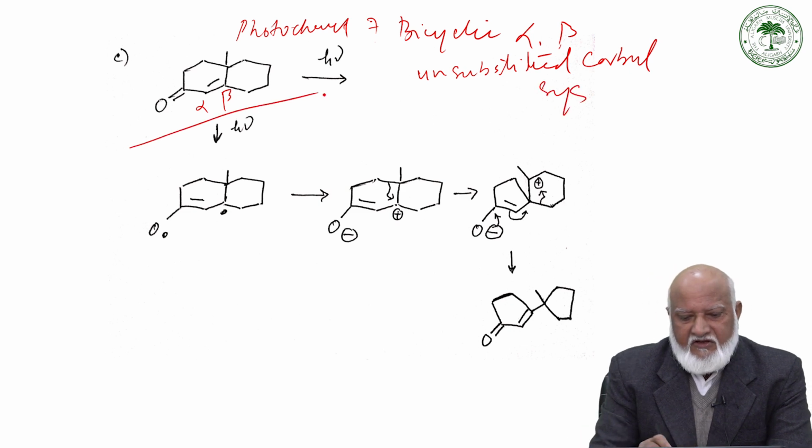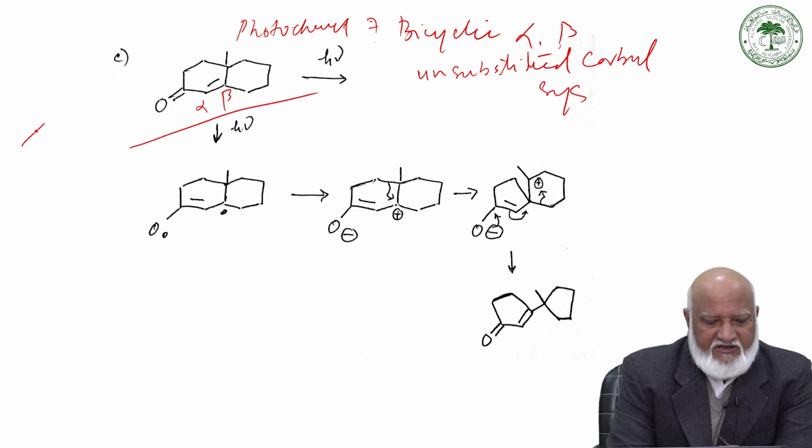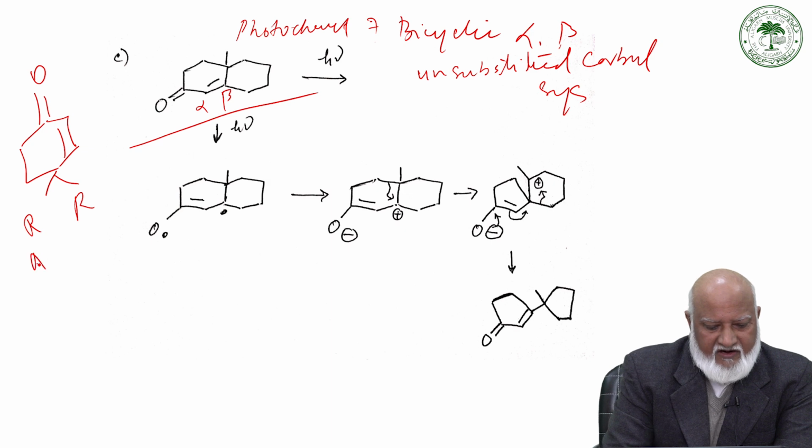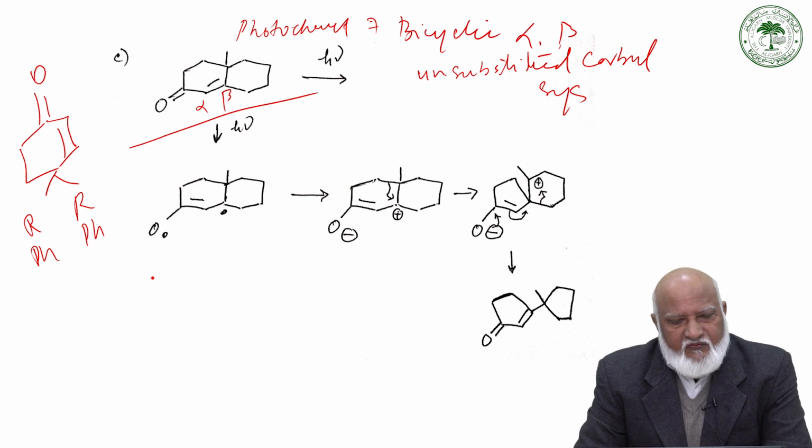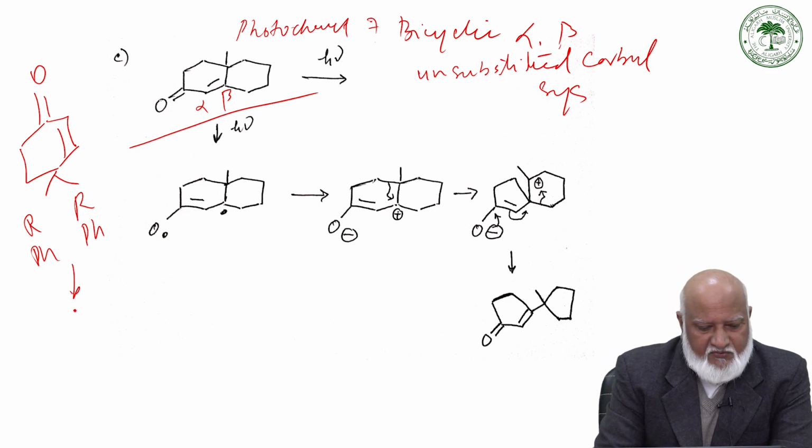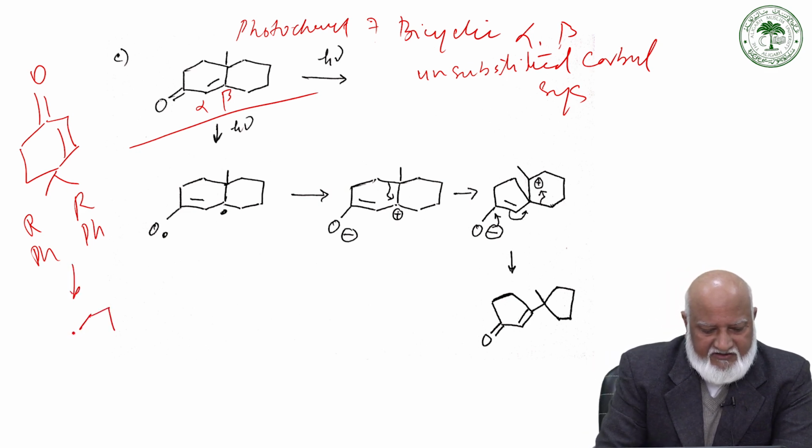So far what we have seen is the monocyclic enone system with 4,4 substitution, whether it is R or aryl or a phenyl group. So 4,4 diphenyl or 4,4 dialkyl transforms to a product like this.